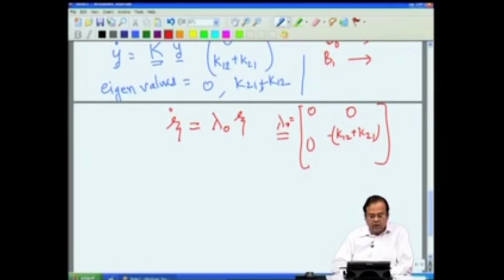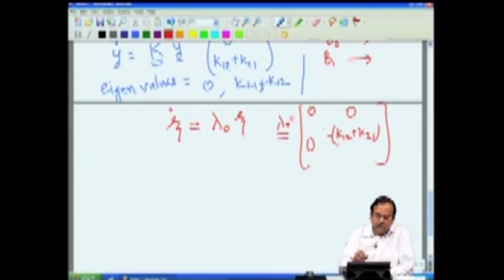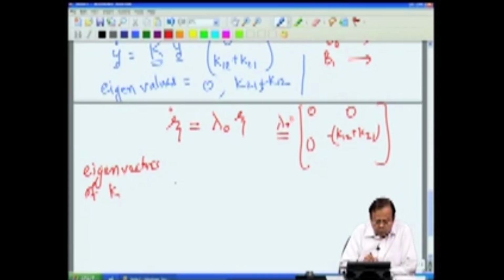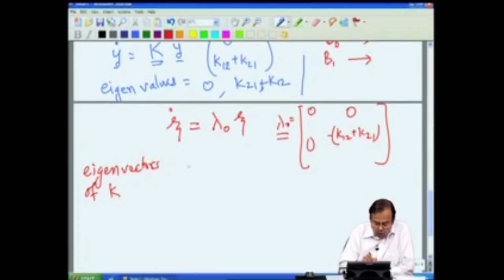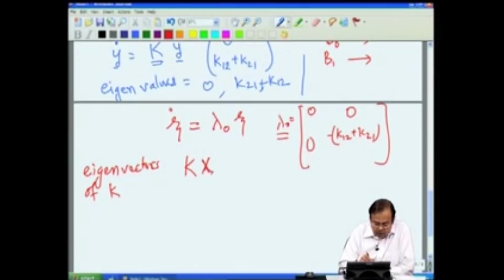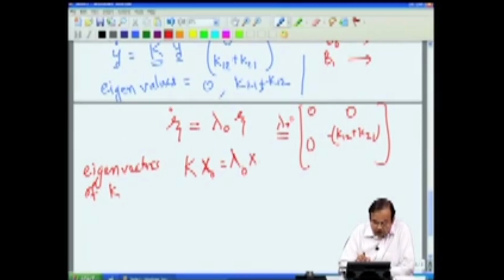This is as far as the eigenvalues are concerned. What are the eigenvectors? We can find the eigenvectors of k with lambda value equal to 0. Eigenvectors must satisfy the relationship k x, whatever is that eigenvalue, must be lambda 0 x 0.